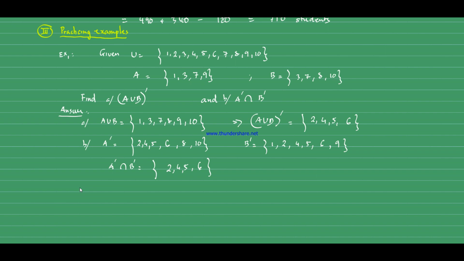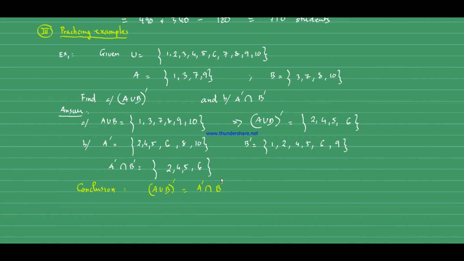We can conclude that if you want to find the complement of the union, (A union B) complement, this is actually equal to the intersection between the two complements. Very interesting, huh?